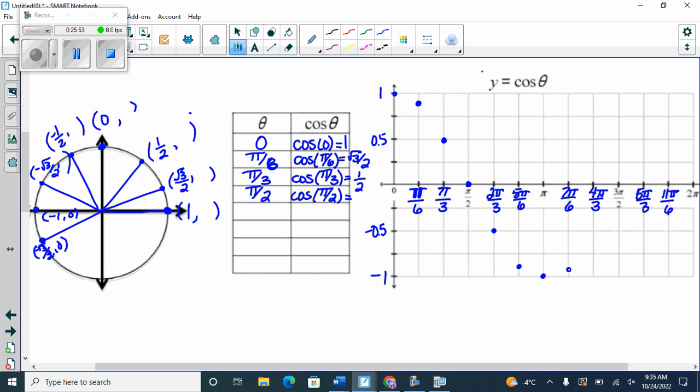Then at 4 pi over 3, it's negative a half. At this one, it's negative 1. I mean 0. Oh my gosh, I'm struggling with them.